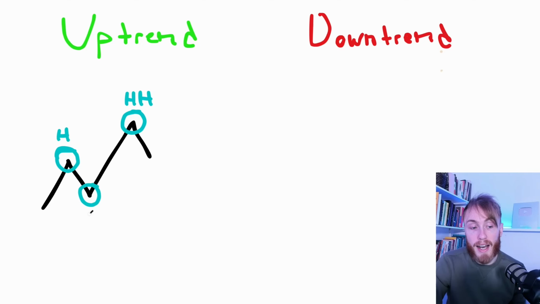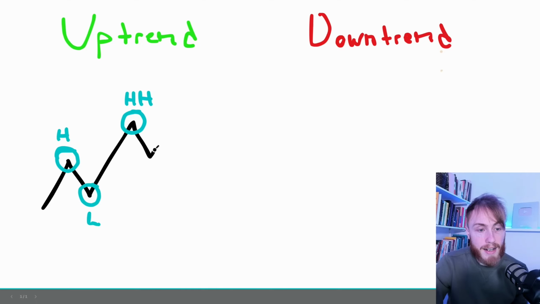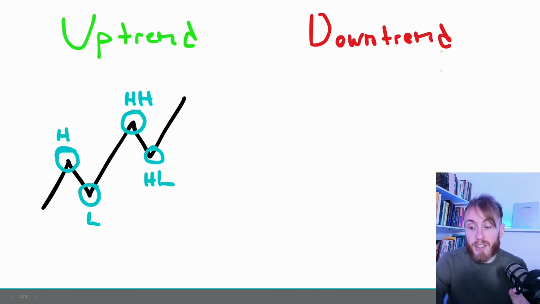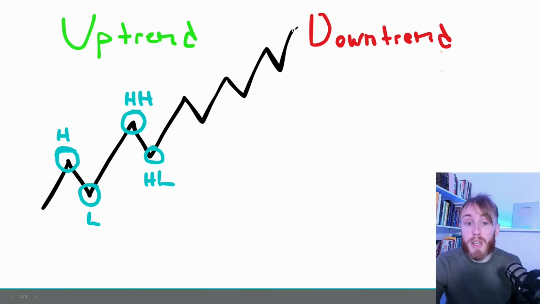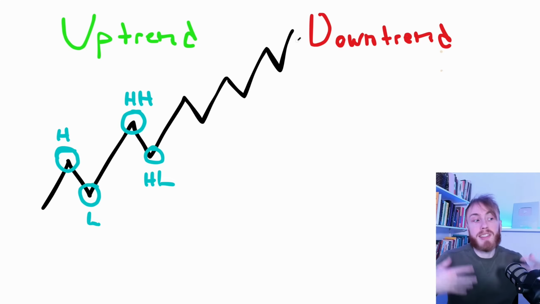Right here, we have a low, we can mark it with L. And right here, we have a higher low. We can mark this with HL. And as long as this trend continues to print higher highs and higher lows, we are in an uptrend. So this is the very simple definition of an uptrend.